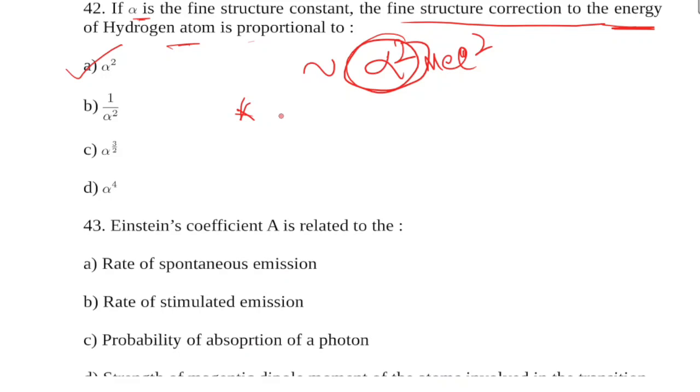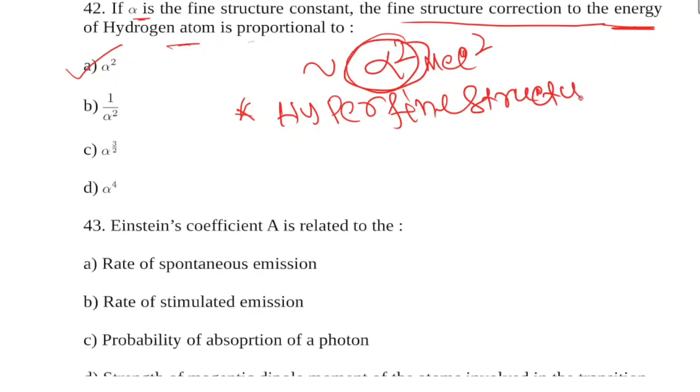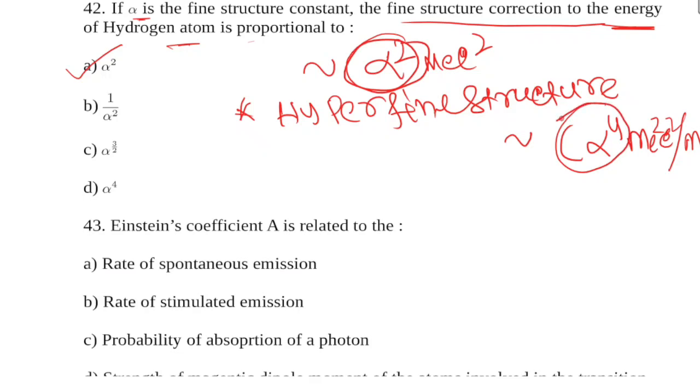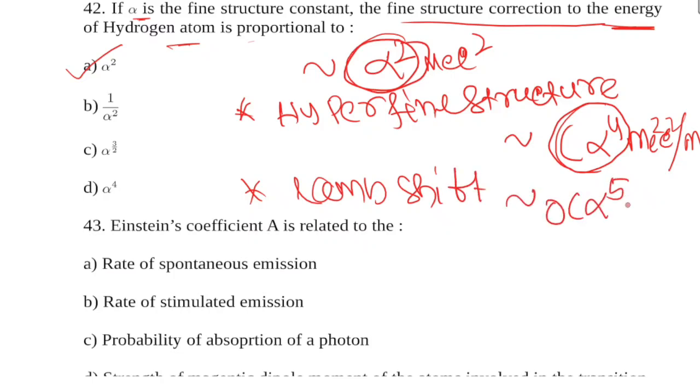You can remember for hyperfine structure, this varies of the order of alpha to the power 4 m_e squared c squared by m_p. That means there will be variation of alpha to the power 4. Next, for Lamb shift, the variation is of the order of alpha to the power 5 m_e c squared. So you can remember this.